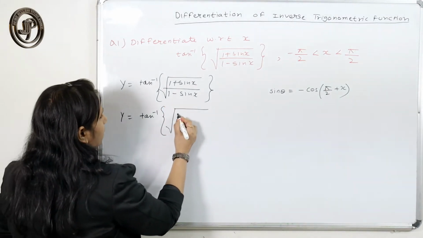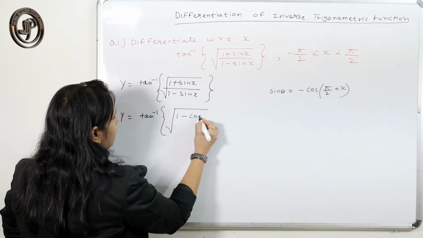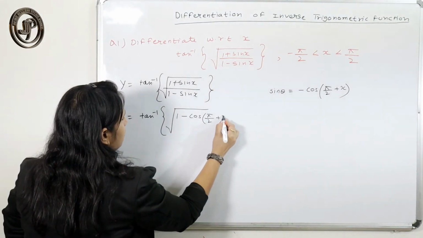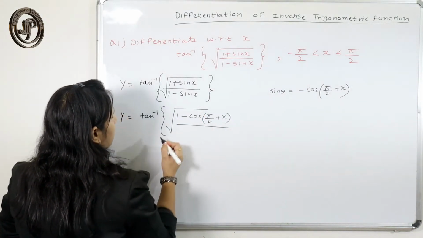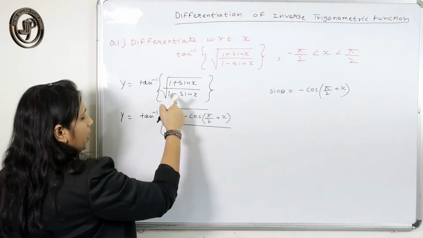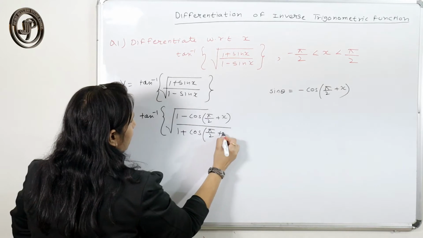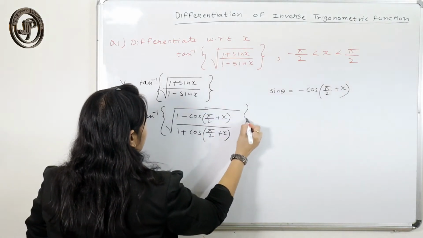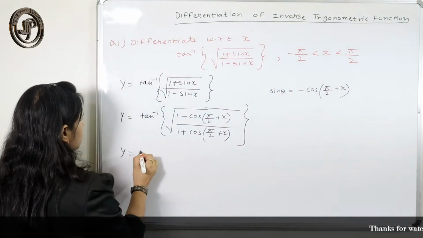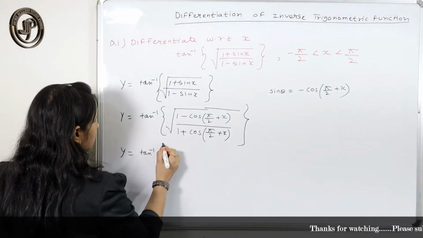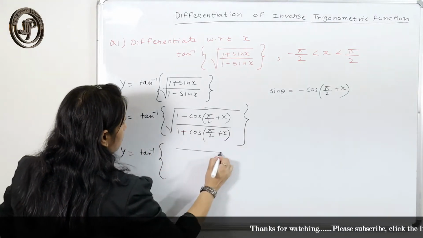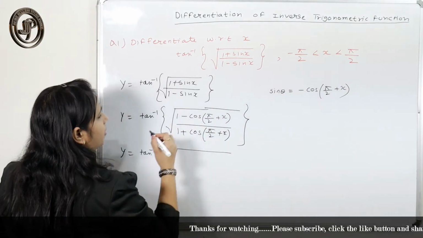So if I apply this, I can write this as pi by 2 plus x, and here the negative becomes positive, so I can write it that way. Okay, now tan inverse, this is my 1 minus cos theta.